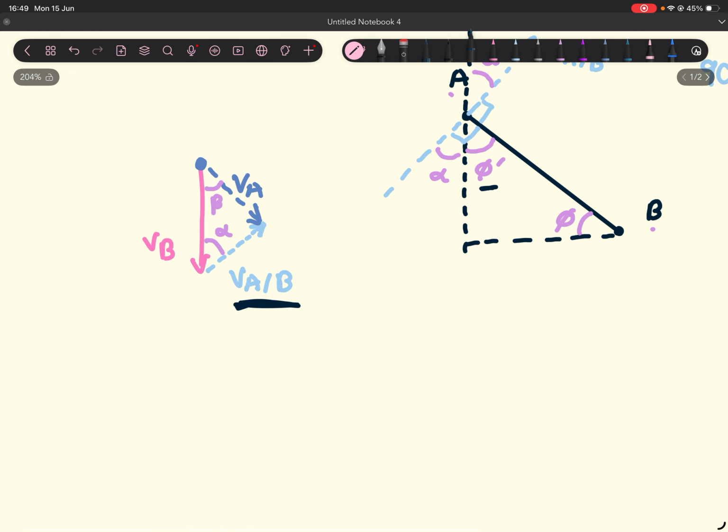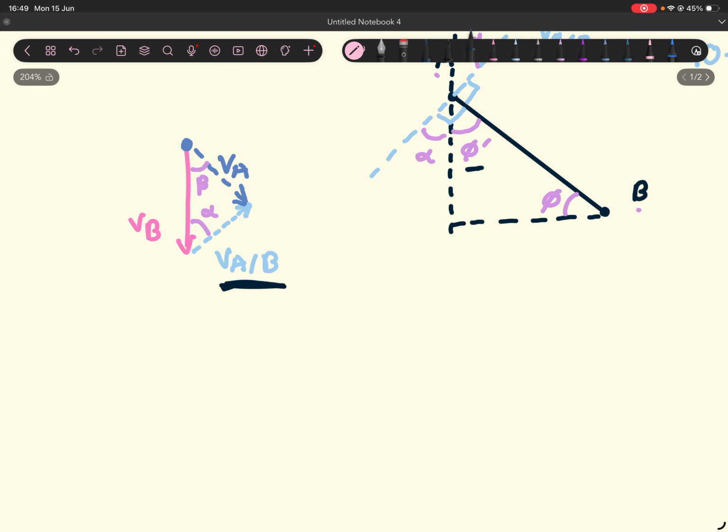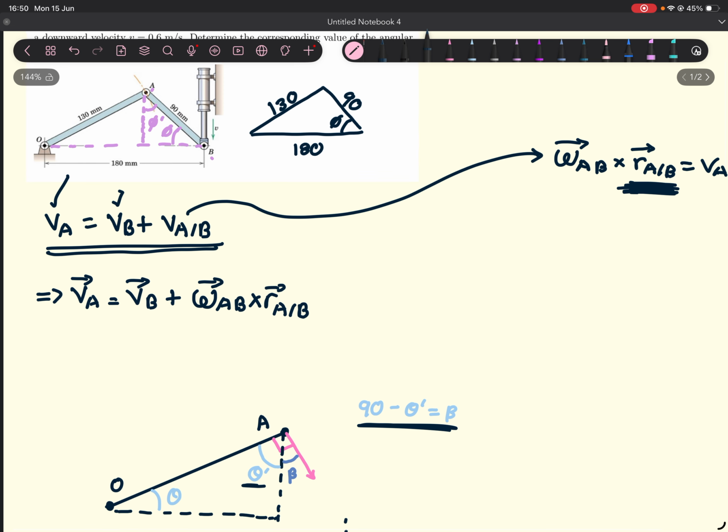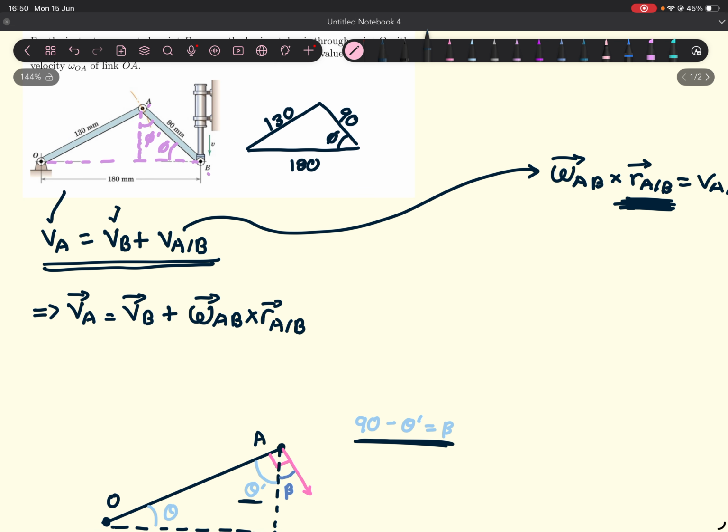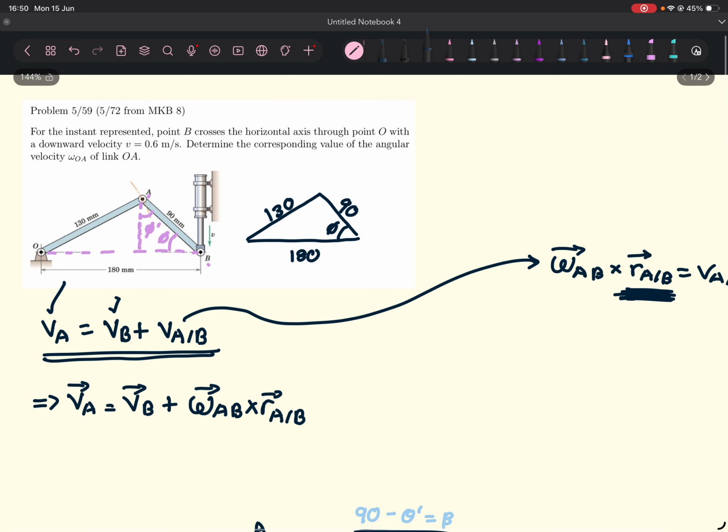And then once we have those two angles, we can use sine rule. So we can use sum of angles in a triangle first to solve for this angle here, and then use sine rule because we know what VB is, and we've solved for alpha, we can find VA, and then you simply use VA relative to VO to solve for omega OA.